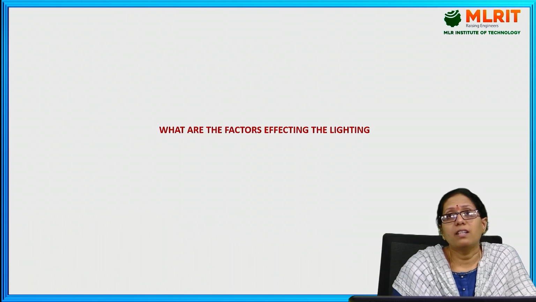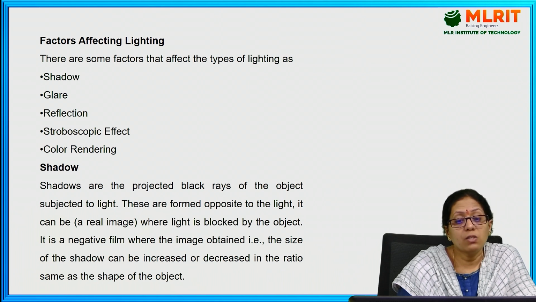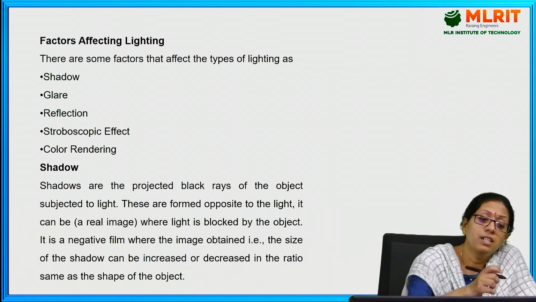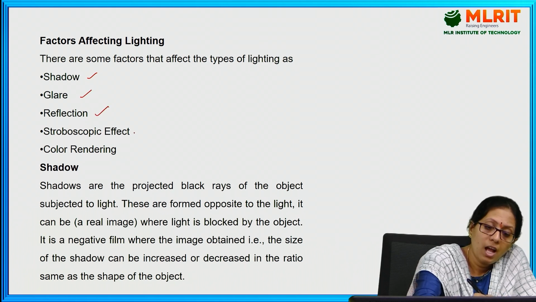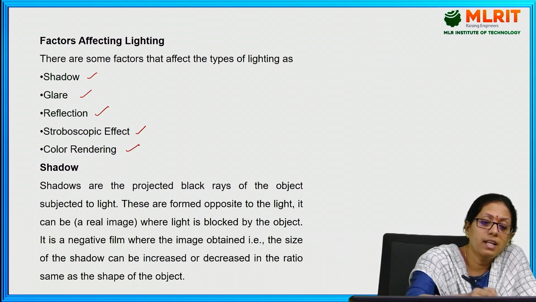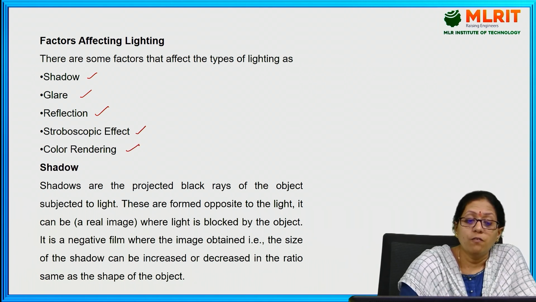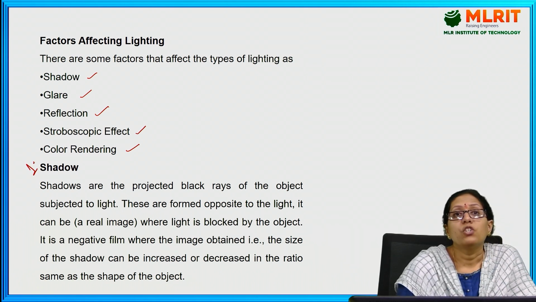What are the factors affecting the lighting? There are different factors which affect the lighting, like shadows, glare, reflection, stroboscopic effect, and color rendering. First one is shadows. Shadows are the projected black rays of the object subjected to light.